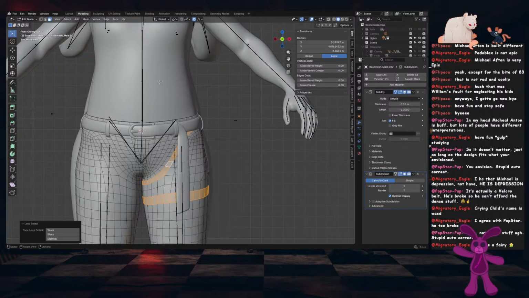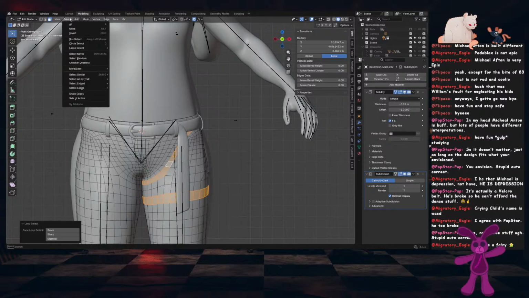Is there a way to select interfaces here?